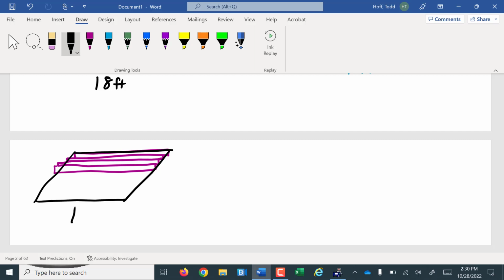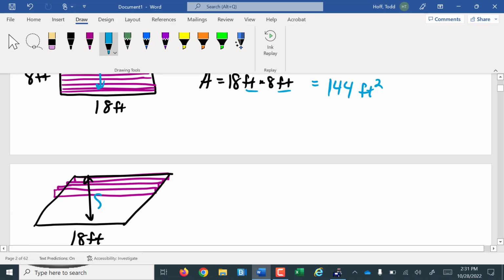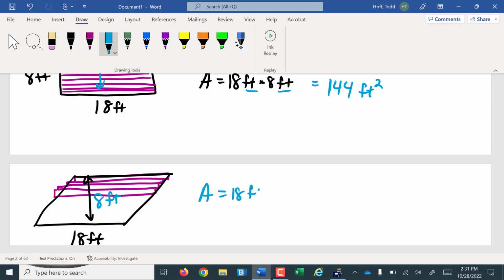This length here is still going to be 18 feet. This height here is still just the total thickness of all these rectangles put together, correct? Has that changed? No, it's still 8 feet. The area of the end of this has not changed. We've just slid it over. So the area of that is still the 18 feet times the 8 feet, or 144 square feet.